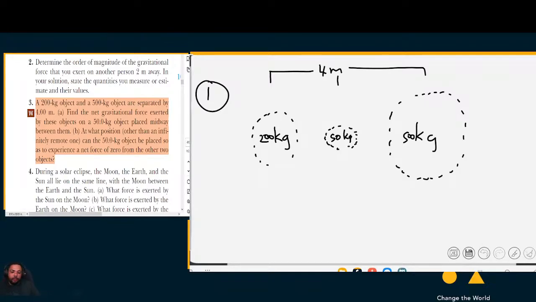Let's calculate. Force 1, the force between the 200 kilogram and the 50 kilogram, is going to be equal to G, the universal gravitational constant, multiplied by M1 times M2, over R squared between them.